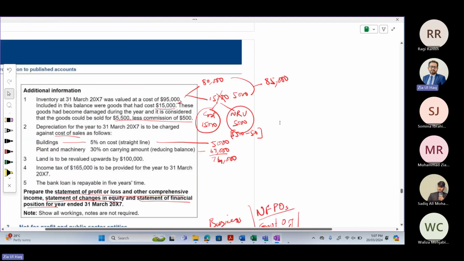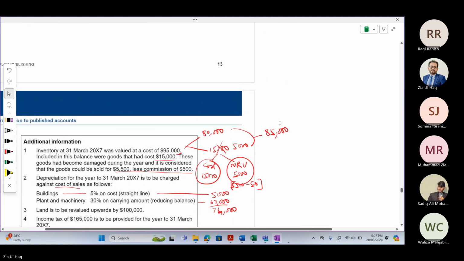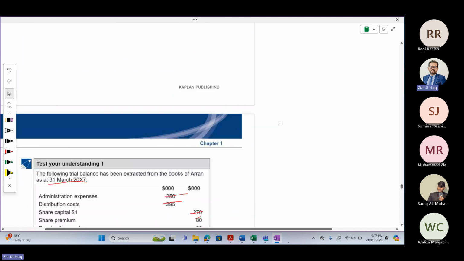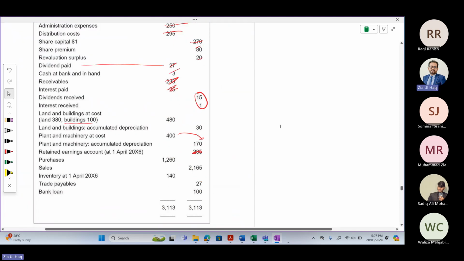In the next class, we will start accounting standards. From now onward, there will be some new adjustments with this financial statement. After studying our standards, we will add more adjustments. And how those adjustments will be calculated and where their impact will be in the financial statements, we will learn.